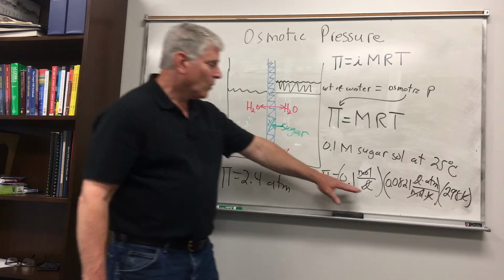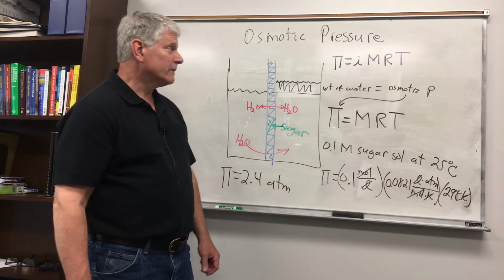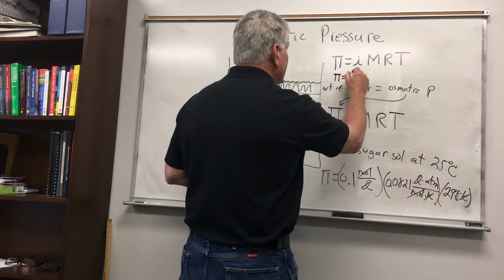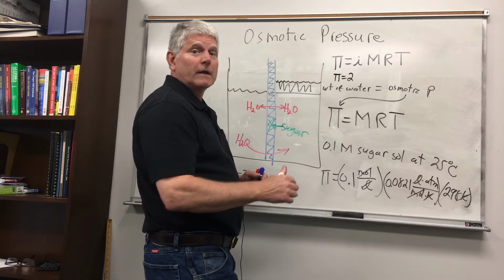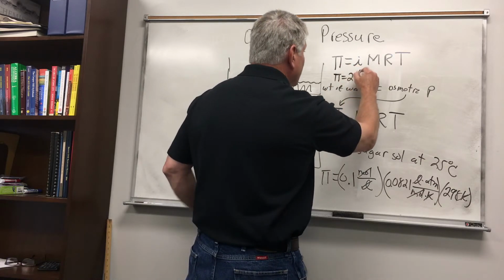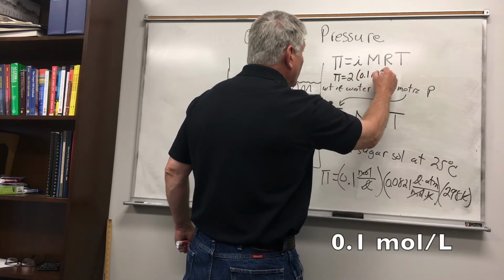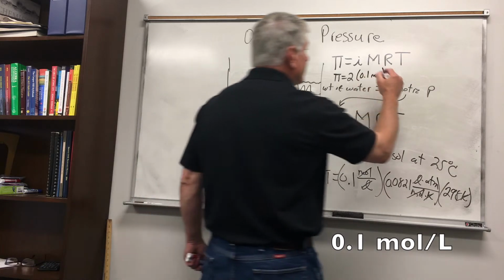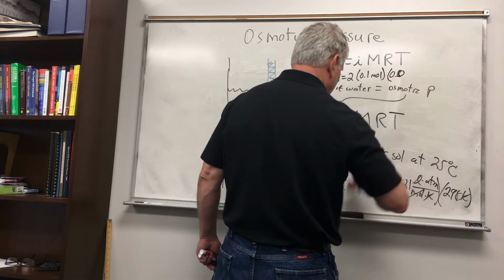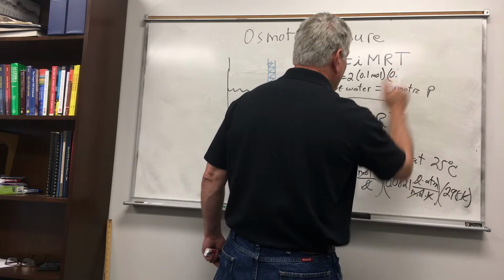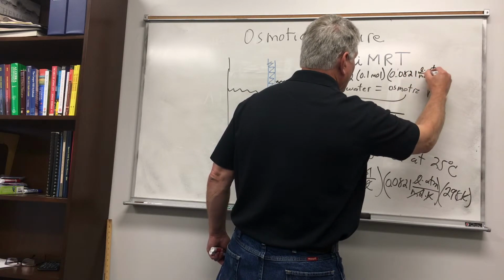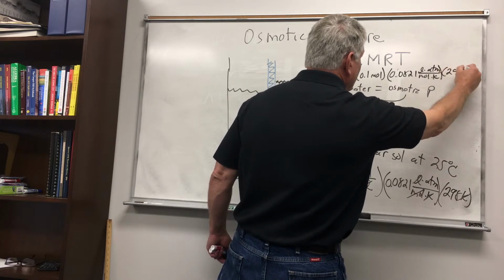So if we had a 0.1 molar salt solution, then the van't Hoff factor would be 2, because sodium chloride breaks up into 2 separate particles, sodium plus and chloride minus. Then we have 0.1 molar sodium chloride solution, and then the ideal gas constant, and the temperature.